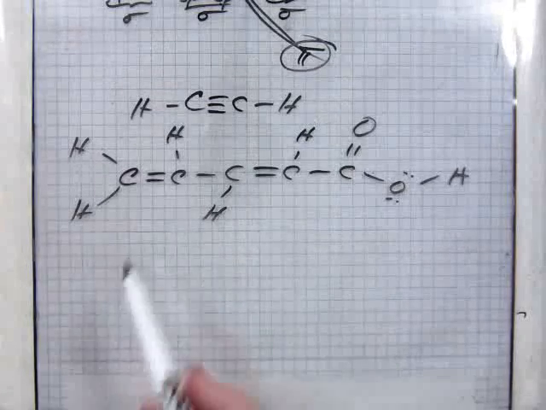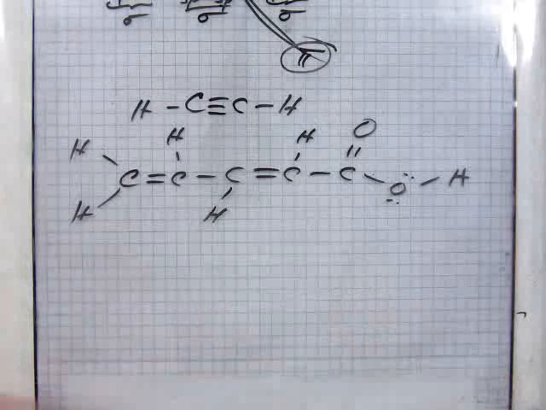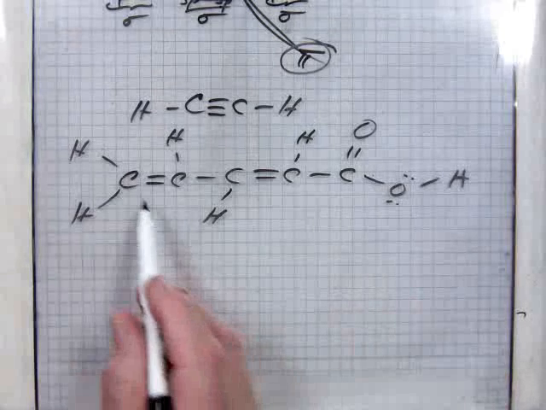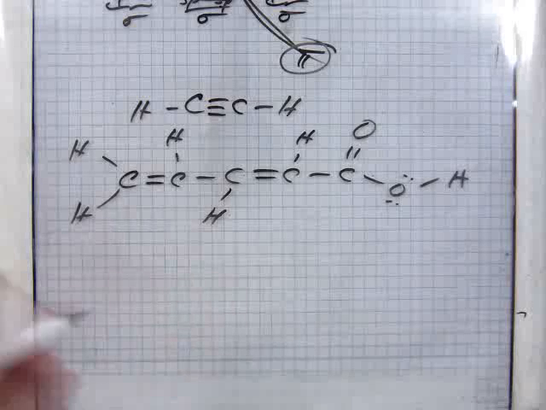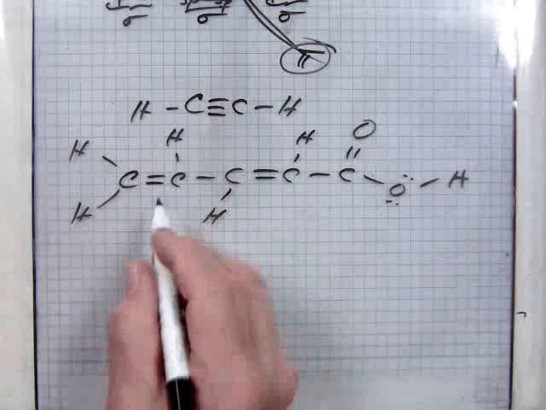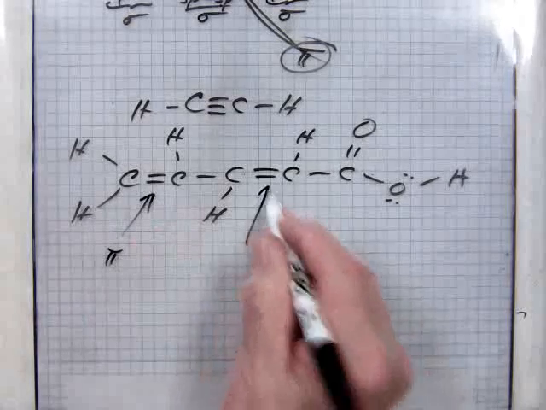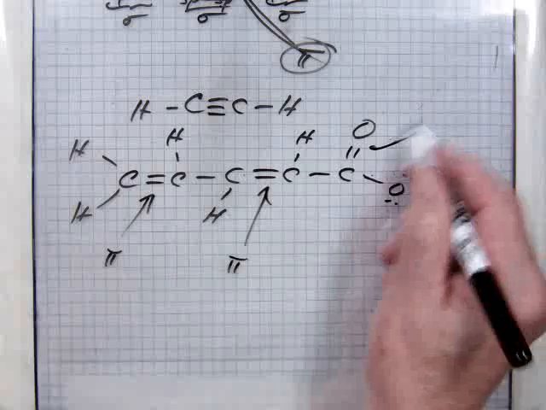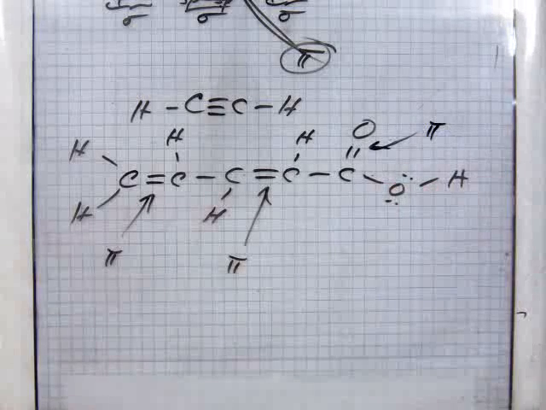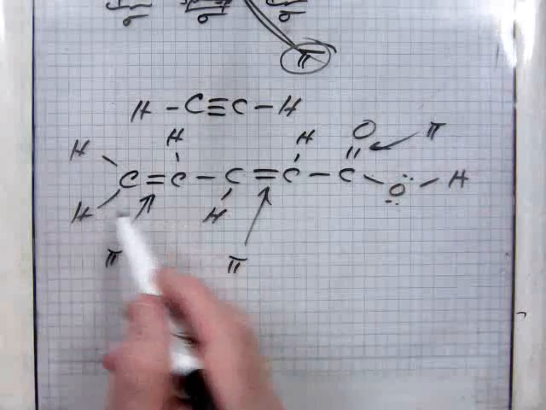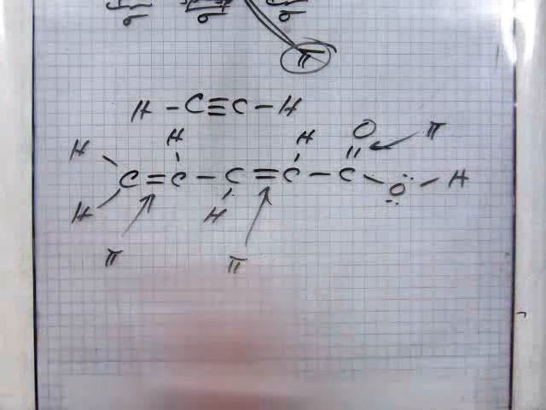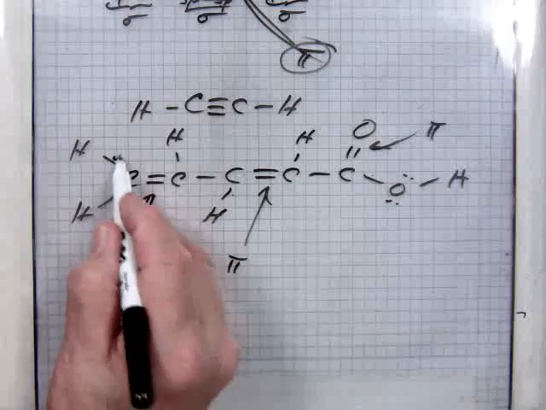Well, all of the multiple bonds have at least 1 pi bond. If you had a triple bond, you'd have 2 pi bonds. Those are the only options that exist. So you have here a pi bond, here a pi bond, and there a pi bond. So in that entire structure, you only have 3 pi bonds. Everything else in here has a line of symmetry through it and is a sigma bond.